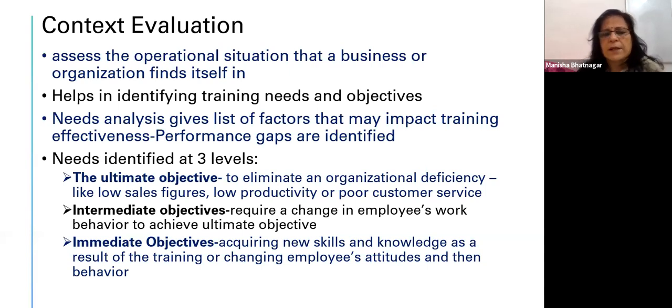Now the needs are identified at three levels. First is the ultimate objective, to eliminate an organizational deficiency like low sales, low productivity, poor customer service, more customer complaints, or more returns. Intermediate objectives could be requiring a change in employees' work behavior to achieve the ultimate objective.